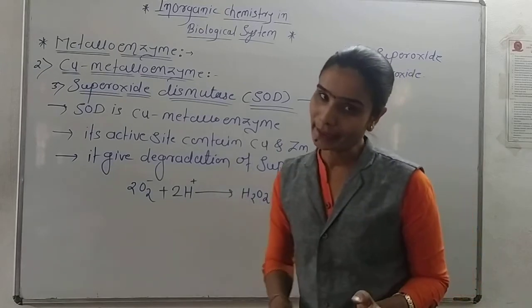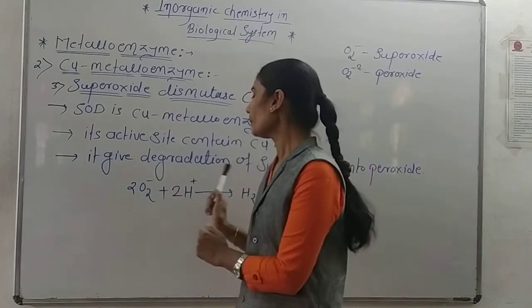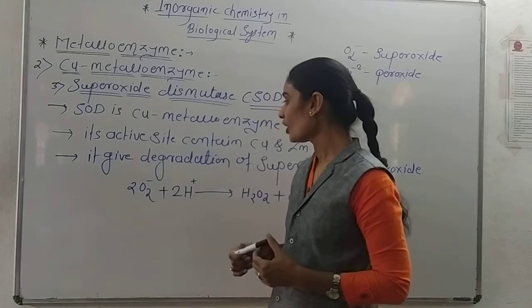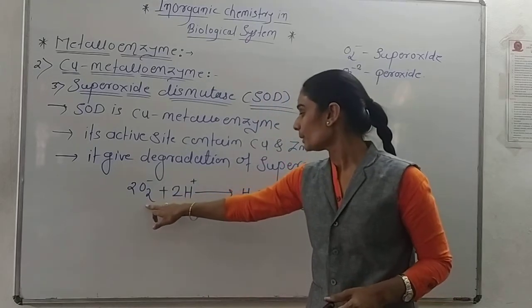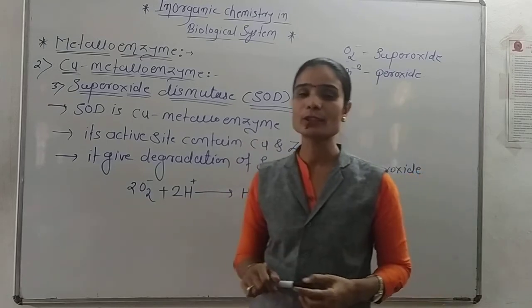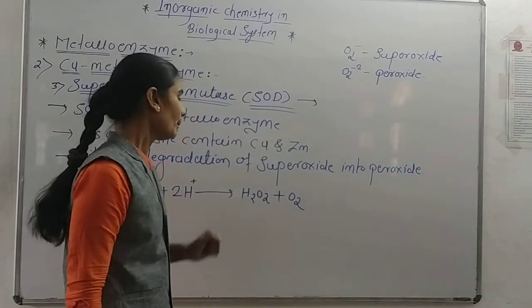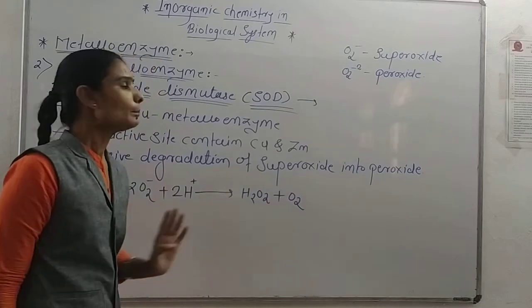That's why it is a zinc metalloenzyme as well as a copper metalloenzyme, and its main function is to give the degradation or the reduction of superoxide into the peroxide. Means superoxide is converted into hydrogen peroxide and the oxygen molecule is a byproduct.